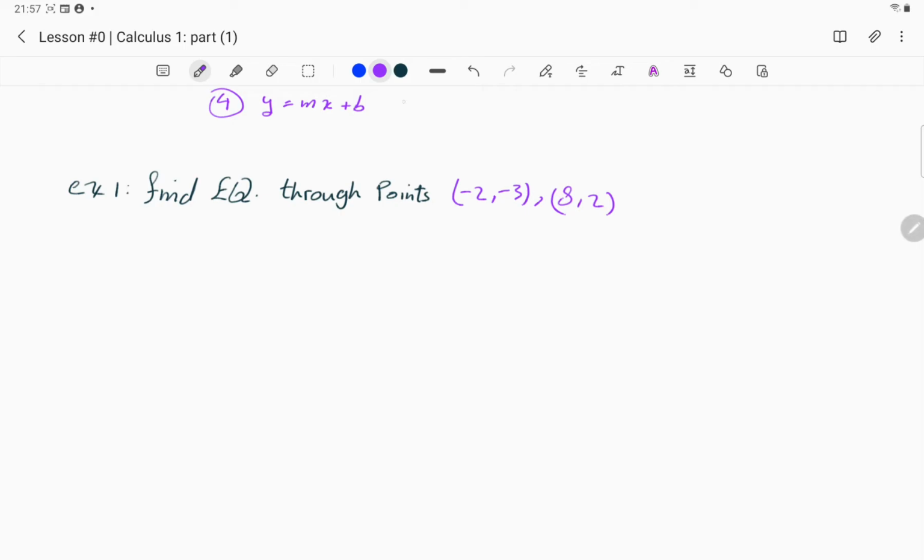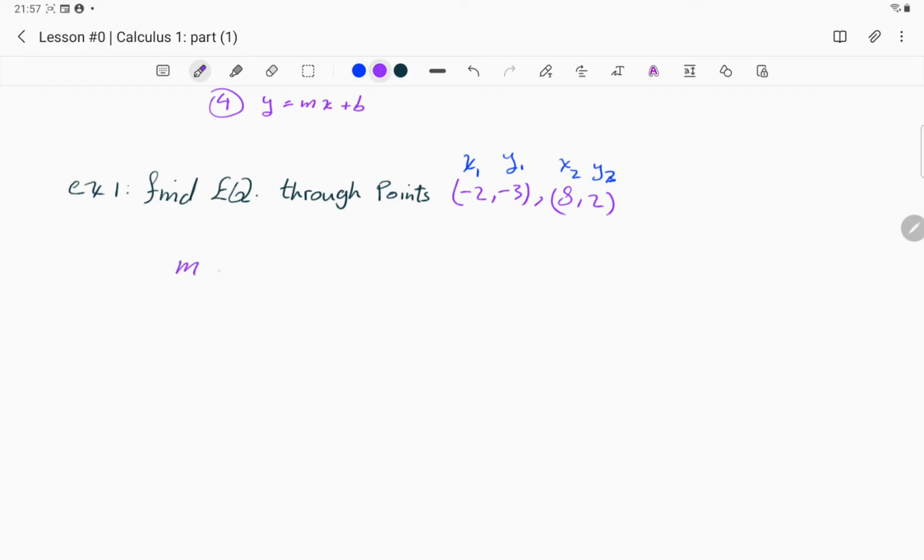Obviously, the first thing you have to do is name them x1, y1, x2, y2, right? Because you want to find the slope. So you have those 2 points, and you get the slope.